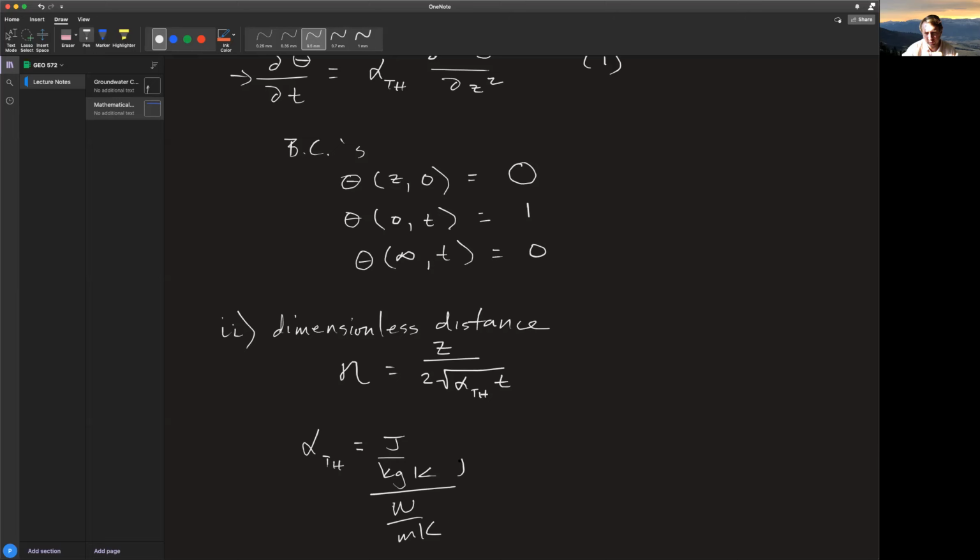So this is equal to joules per kilogram Kelvin times meters Kelvin over watts. So alpha th has units of, these guys cancel.